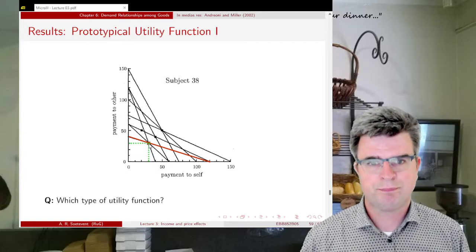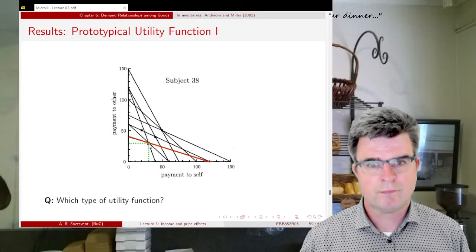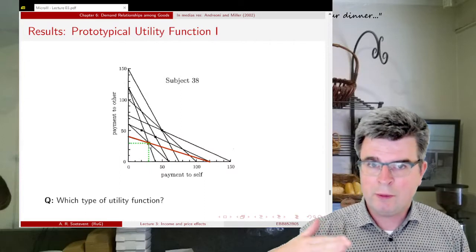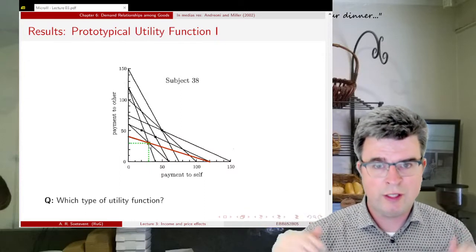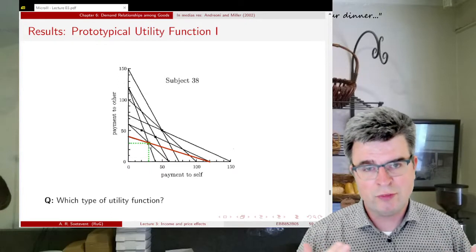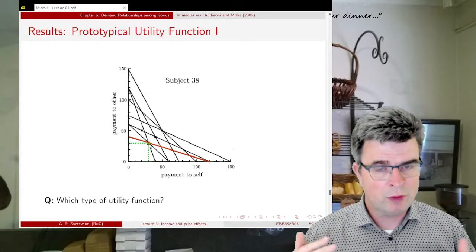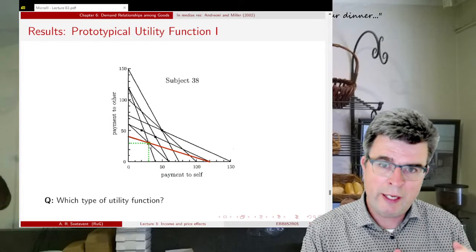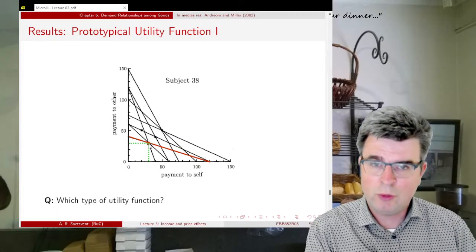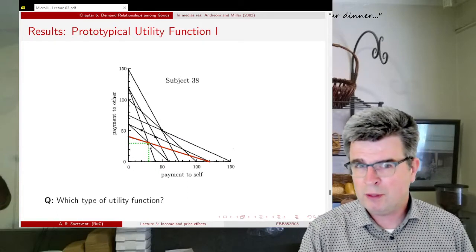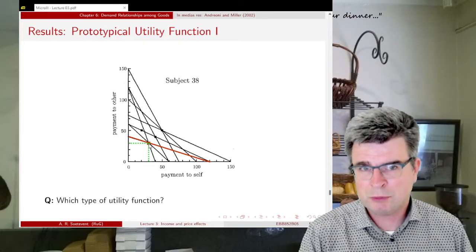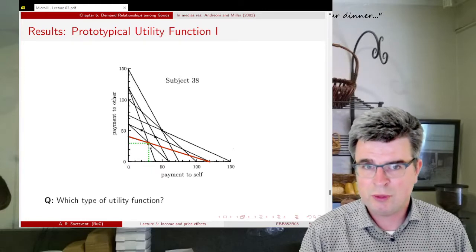Question to you. Well, the hint is we make the price of giving, so the good of giving, becomes relatively more expensive. Still, the subject does not substitute away from giving towards self. So apparently there are not a lot of substitution possibilities here for the subject giving his utility function.